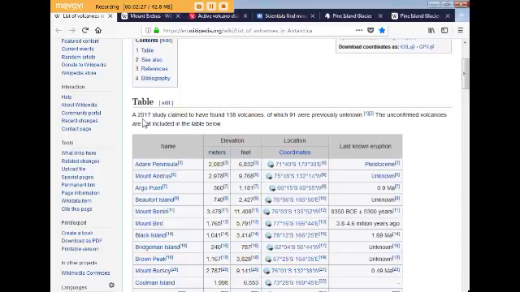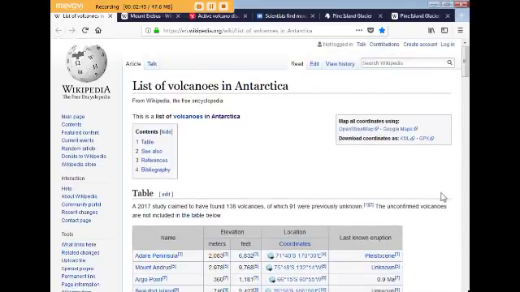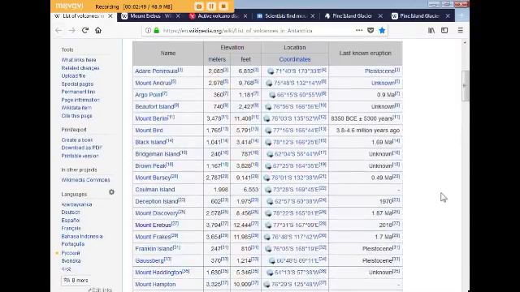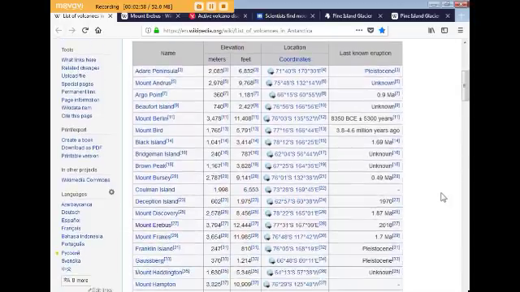It says a 2017 study claimed to have found 138 volcanoes, of which 91 were previously unknown. The unconfirmed volcanoes are not included in the table below. So, before they thought there were only about 100, but now they found 138. And also 91 were previously unknown.